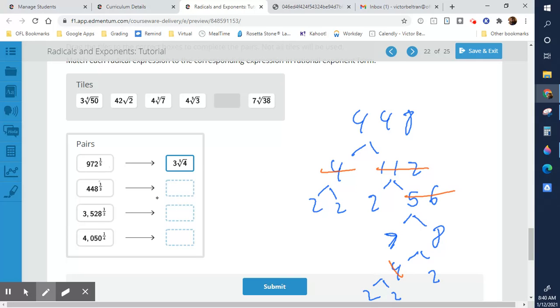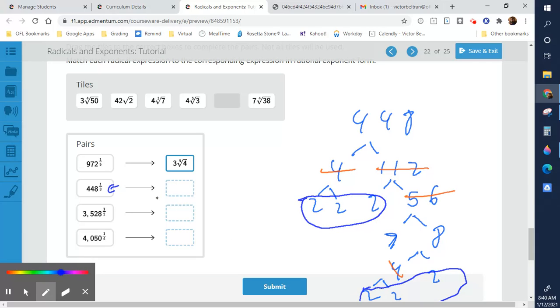Oh, I forgot to cross out the 8. So what happens here is I have 2 times 2 on the outside, and I have the cubic root of 7 on the inside. So that means that I need to do a 4 and a 9. Perfect. Got that right there.